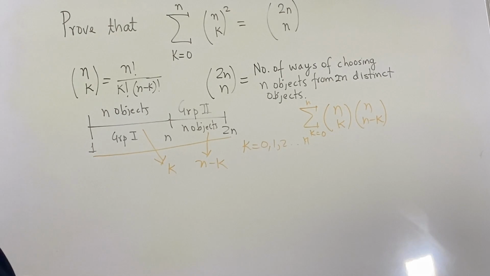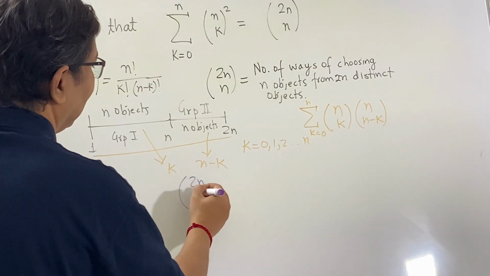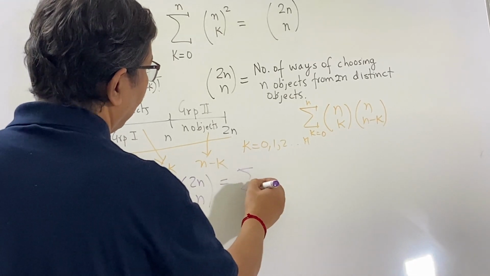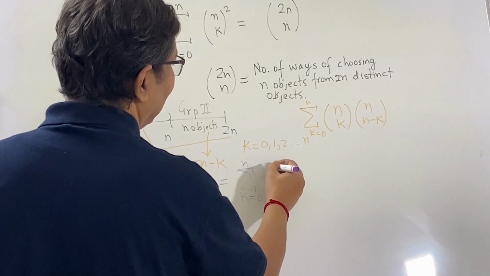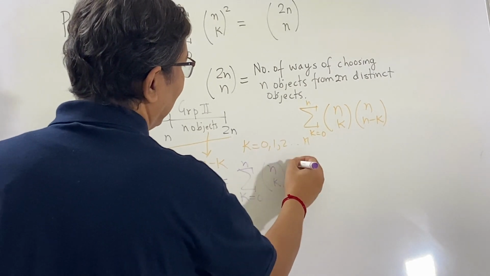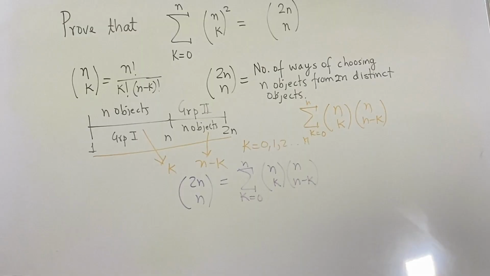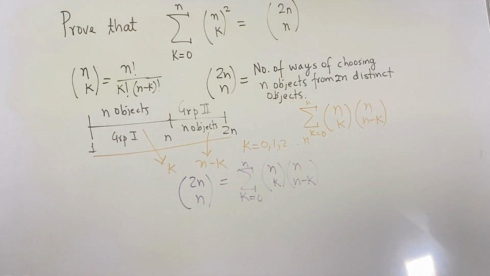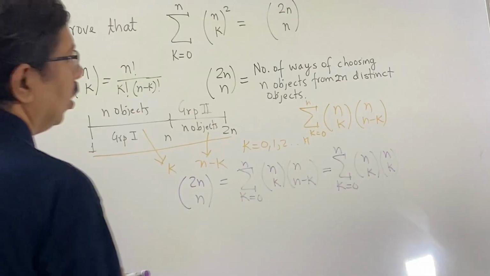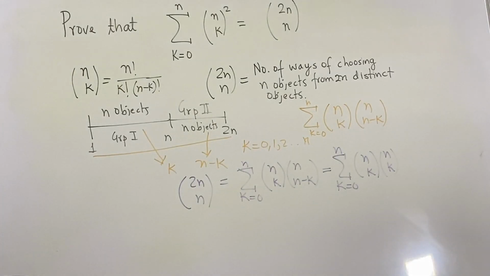So 2nCn is the summation of k equal to 0 to n of nCk into nC(n minus k). But from this formula we see that nC(n minus k) is the same as nCk. Therefore, we have nCk into nCk, which is the result to be proved.